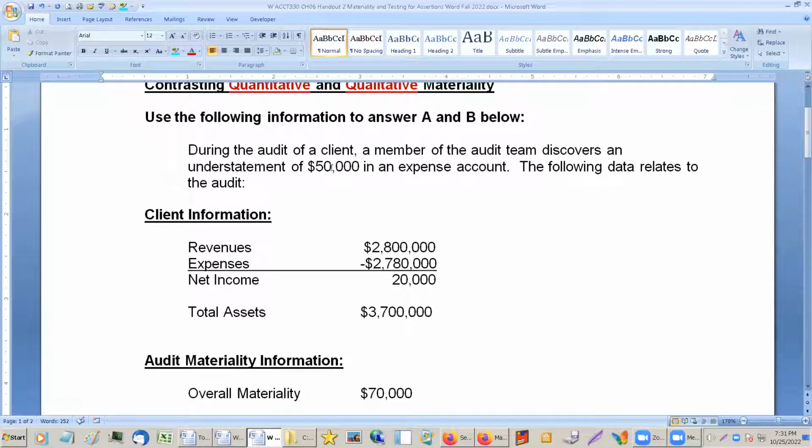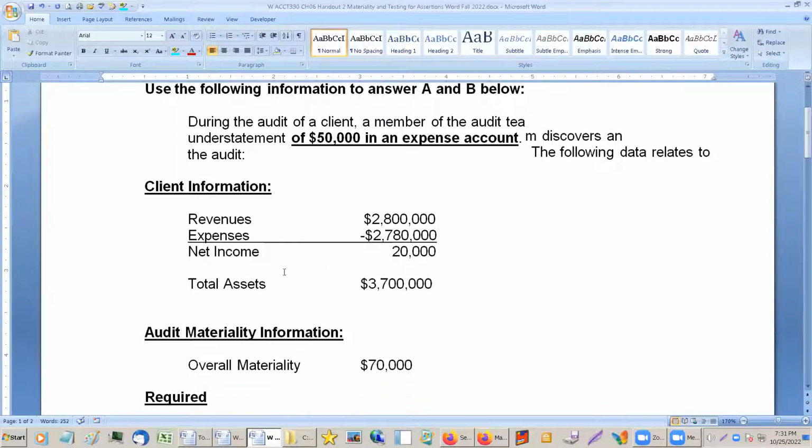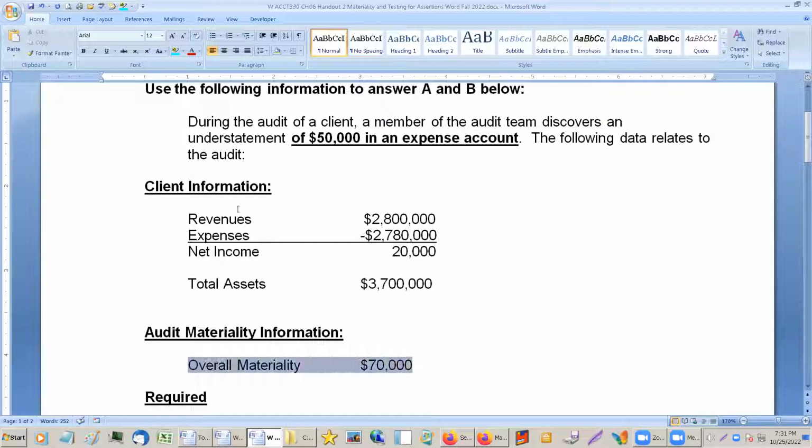Okay, so the expense account has a $50,000 misstatement in it. It's understated by 50,000. The overall materiality is 70,000.